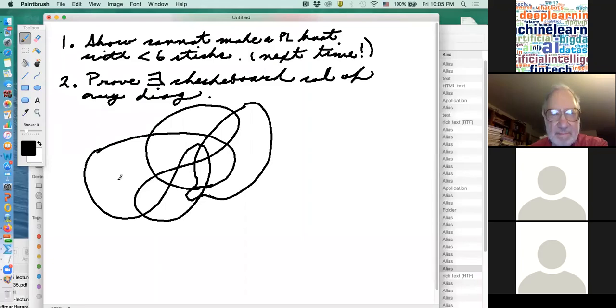And the question is, how would you do that? What will justify the fact that indeed you can do it? I can call this region black, this one black, this one black, this one black, this one black, just following along, making sure that if I go through a crossing, I stay in the same color, and then the others are white, the remaining ones, and all of that works out very nicely.